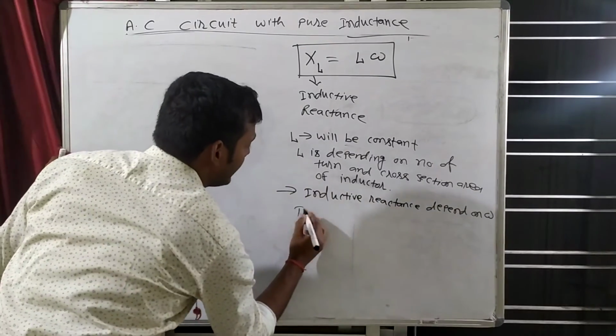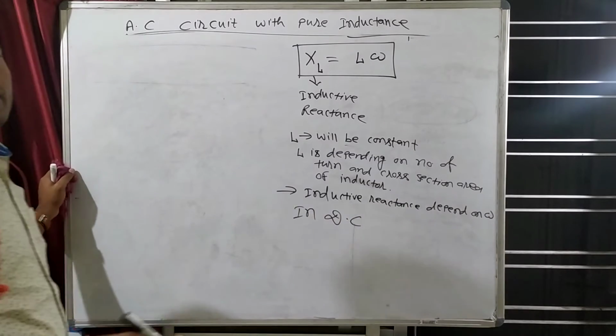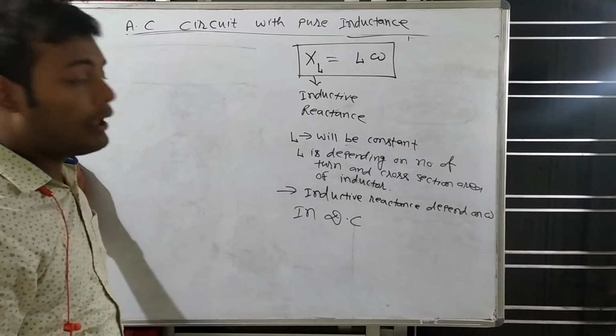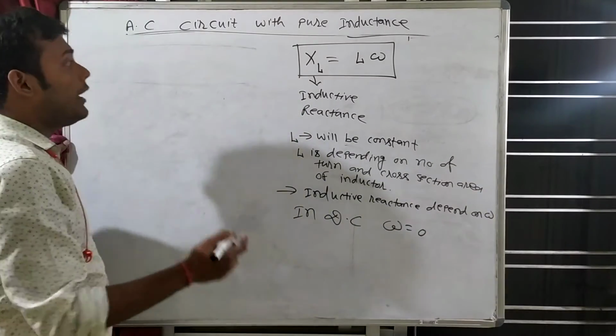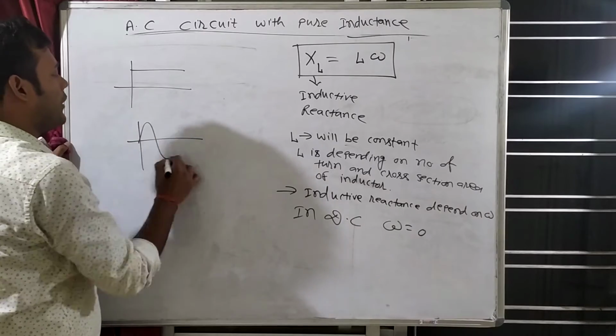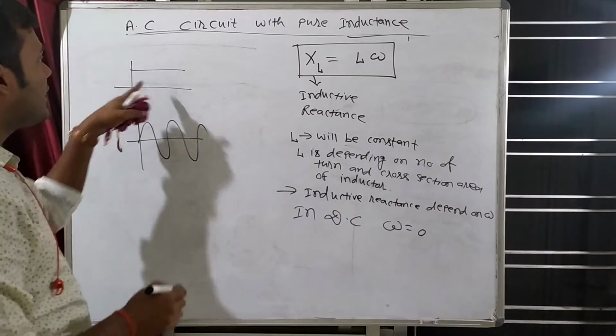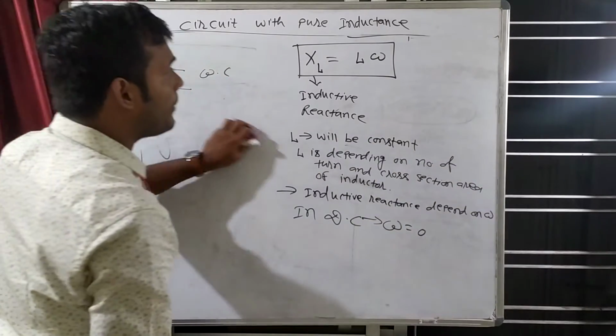In direct current, omega is 0, because there is no concept of frequency in direct current. Frequency comes in AC. So in DC, omega is 0, that means angular frequency is 0.